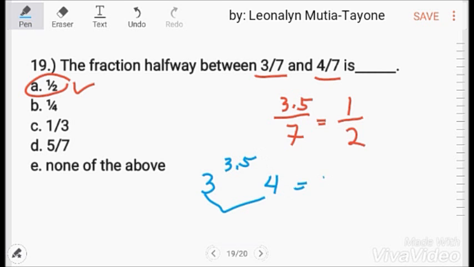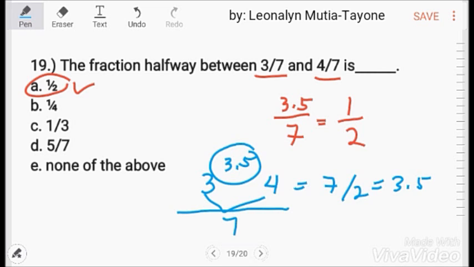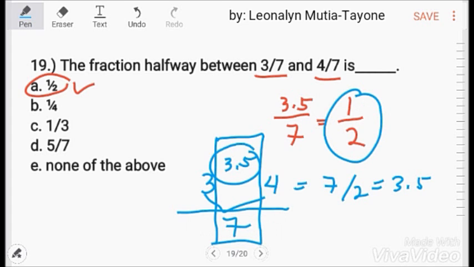Or, i-add mo siya, that is 7, divided by 2, that is 3.5. So, ang gitna ay 3.5. Yung denominator, kopyahin lang yung denominator. So, ito na yung answer, 3.5 over 7. Ang 3.5 over 7 is also equivalent to 1/2.